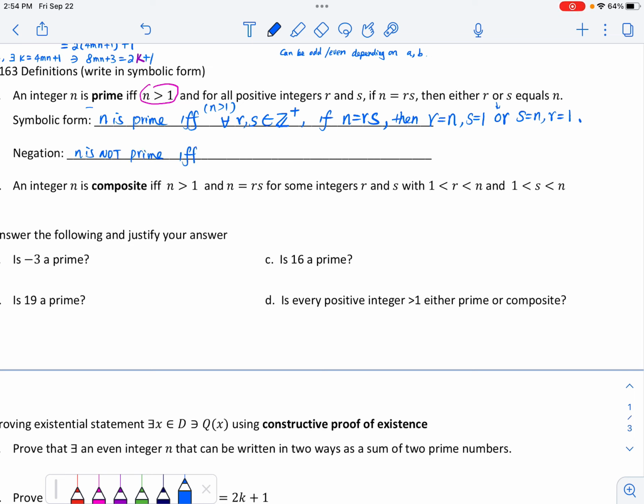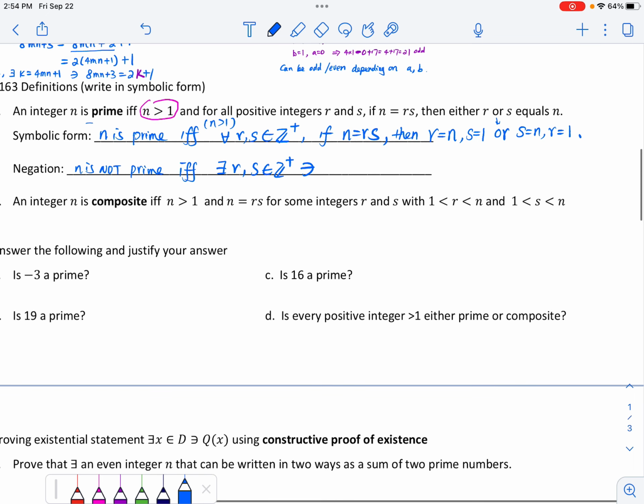If and only if. The negation of for all means there exists r, s in Z positive, such that, if you remember how to negate if-then, let's do a quick review.